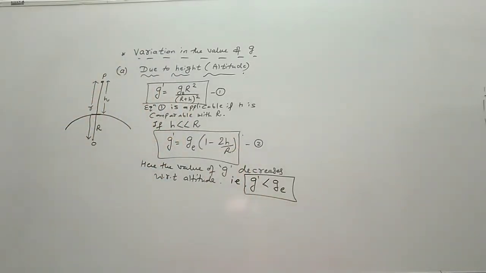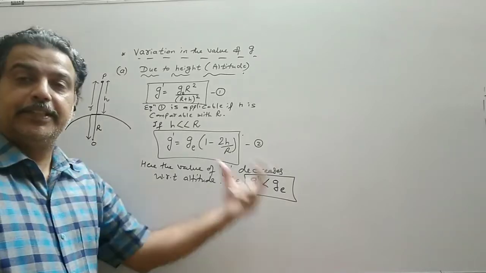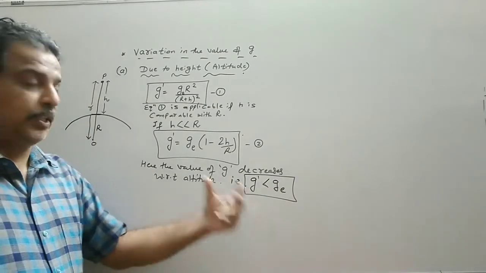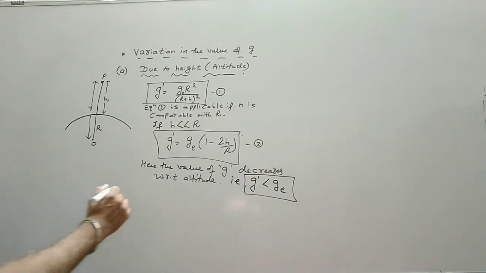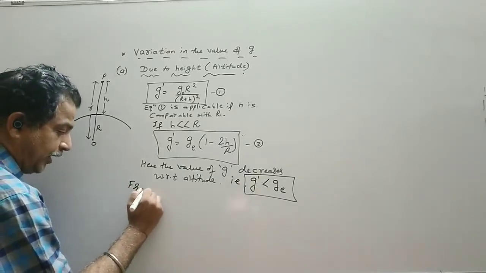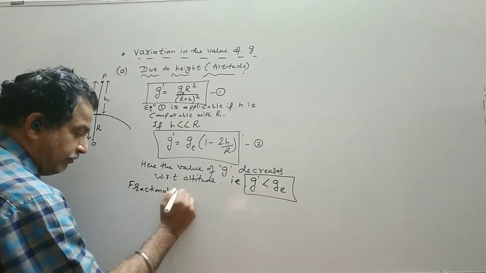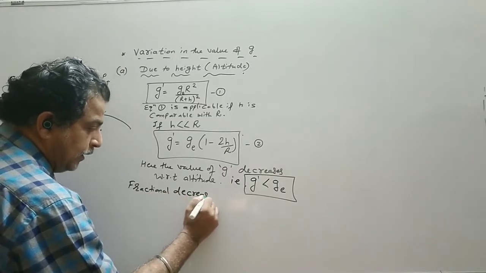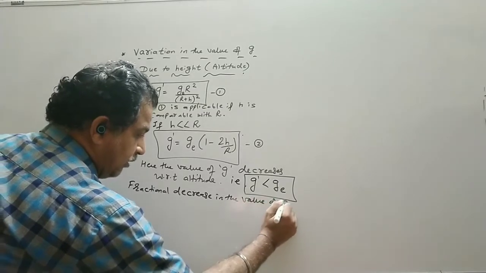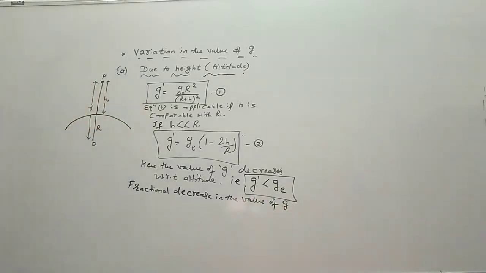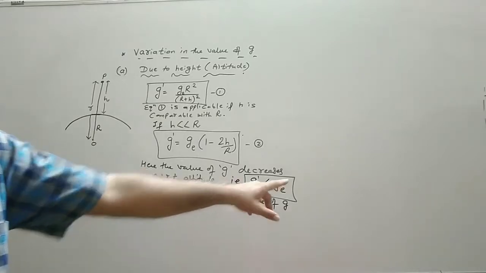Now let us find out by how much percent the value of g decreases, or the fractional decrease in the value of g. We know that g dash will be less than ge.